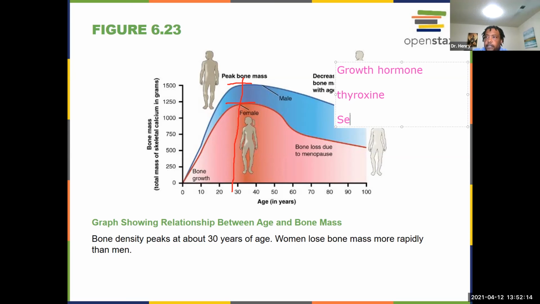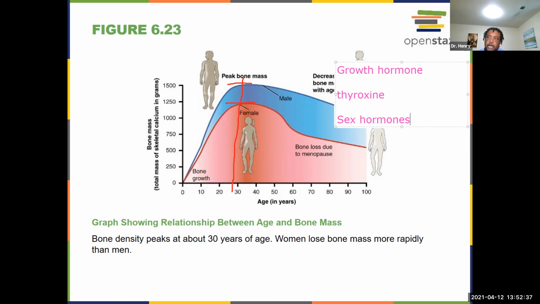We have, of course, sex hormones. So when we're young, this is going to promote osteoblastic activity, and that's going to also produce that bone matrix.